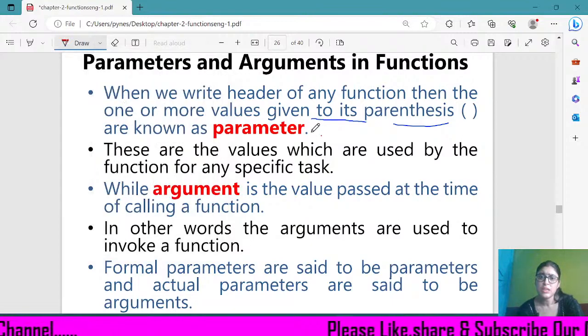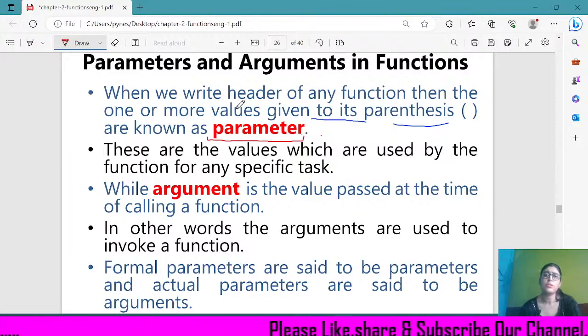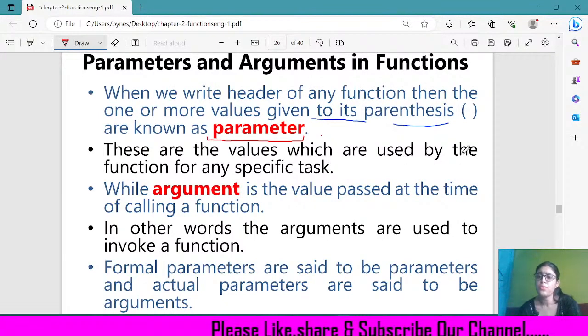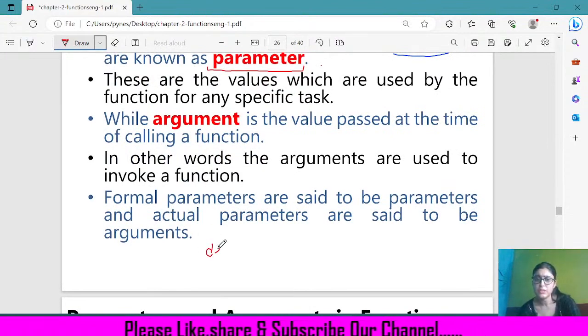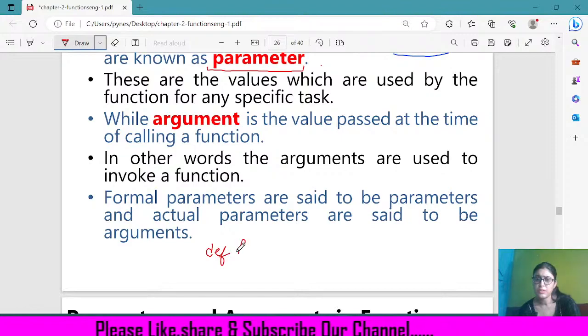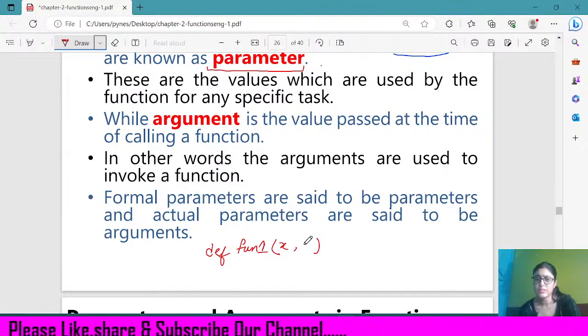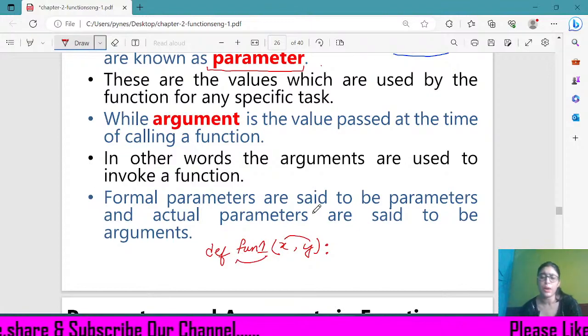When you are writing a function definition, say def fun1, this is the name of the function, and I am writing x, y. So this x and y become the parameters of fun1.